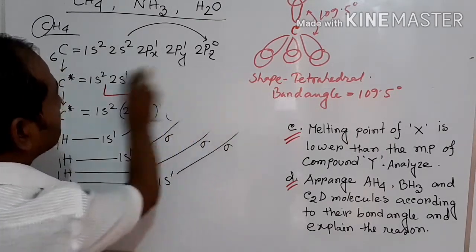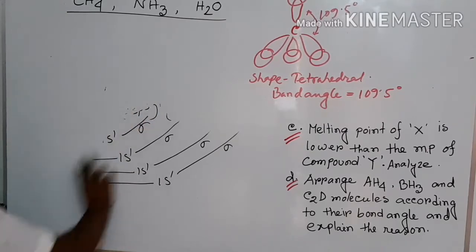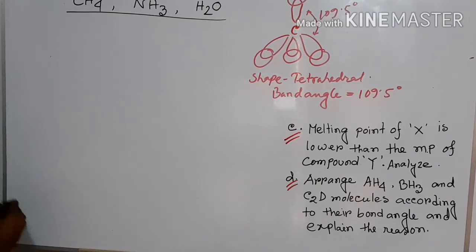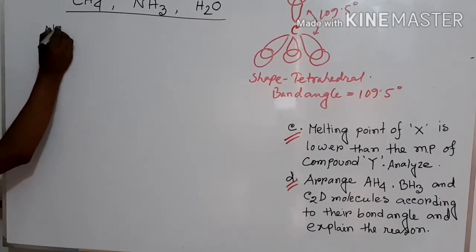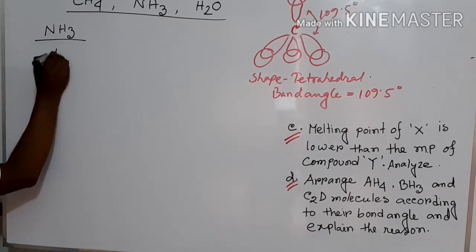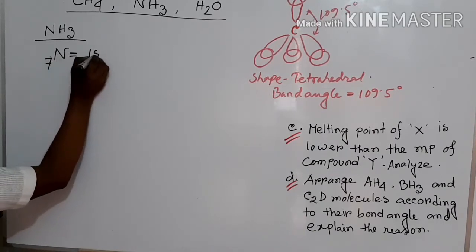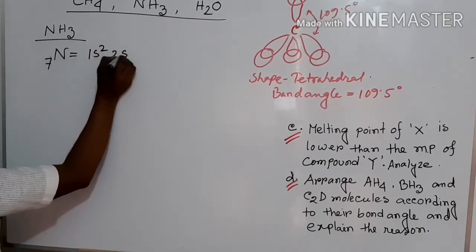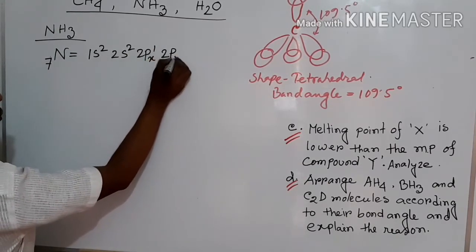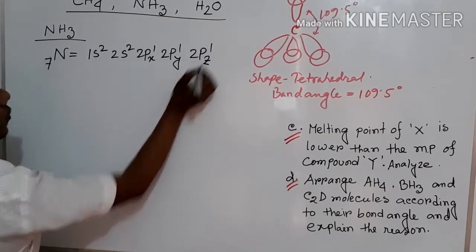Now we discuss the shape and bond angle of ammonia, NH3. The central atom of ammonia is nitrogen. The electronic configuration of nitrogen is 1s2, 2s2, 2px1, 2py1, 2pz1.